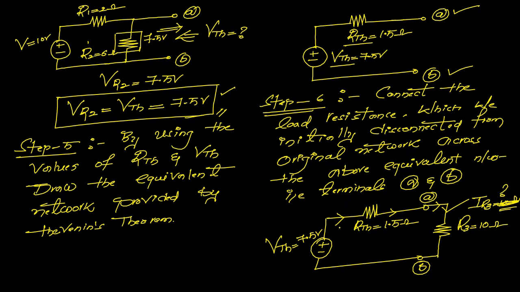It means the total amount of current flowing in this network is the current flowing through R3. That's why we can directly find the value of current flowing through R3 like this.